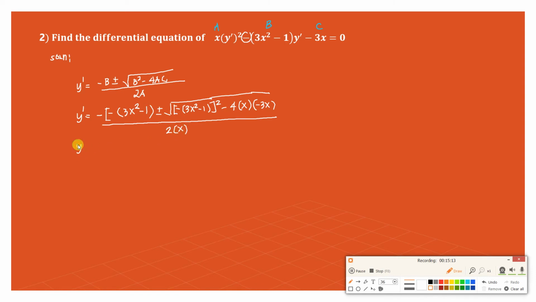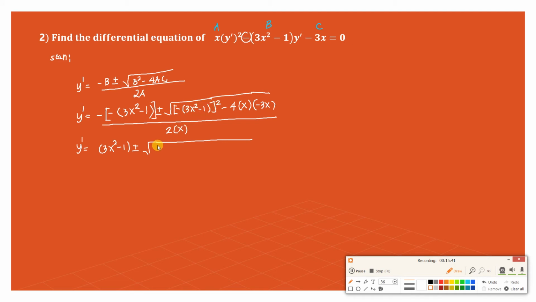Okay, so we have y prime equals, okay, negative, sorry, kulang to yan. So, negative times negative makes it positive. Lagyan ko lang muna ng parenthesis. 3x squared minus 1 plus minus the square root of a negative raised to 2 is positive.